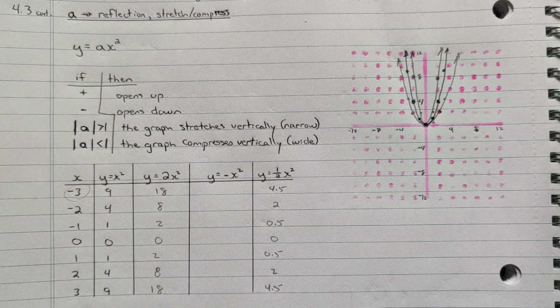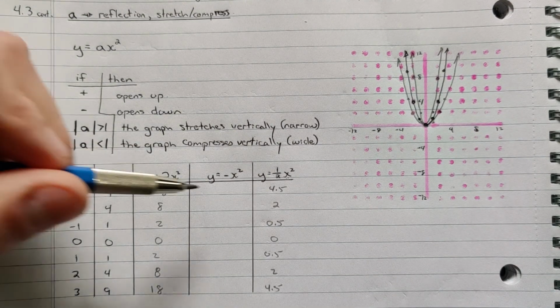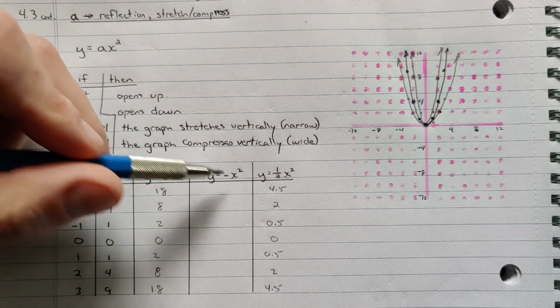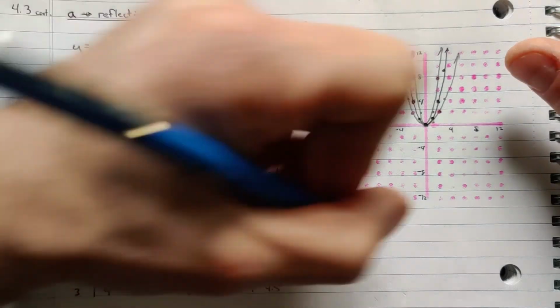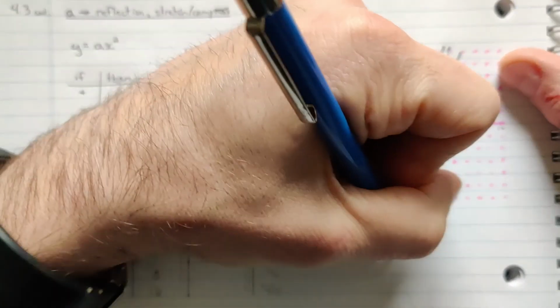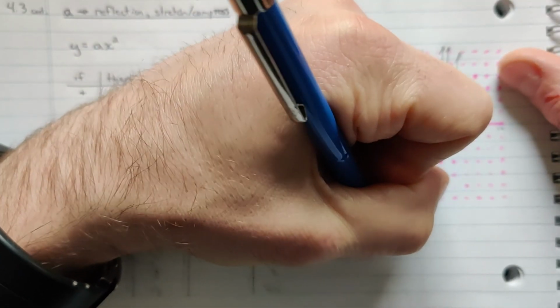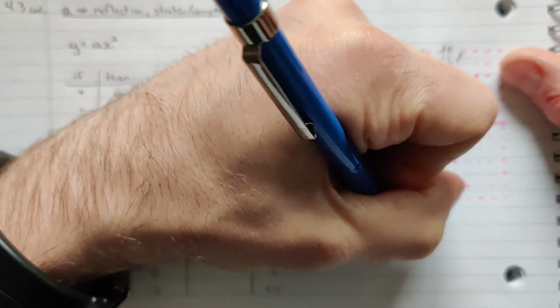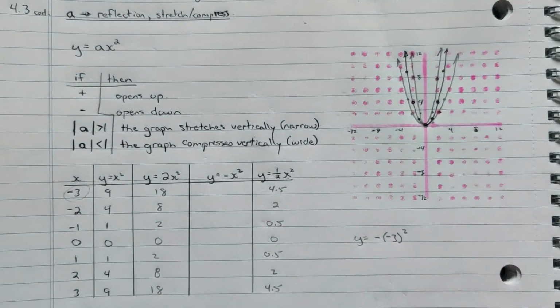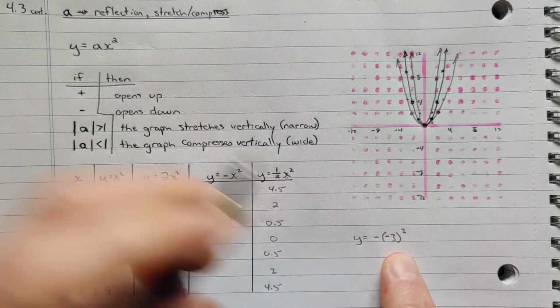And then lastly, if we do the negative, make sure you do this right. When we do y equals negative 3x squared, it's not squaring that negative sign up front. That's why we use the brackets here, right?